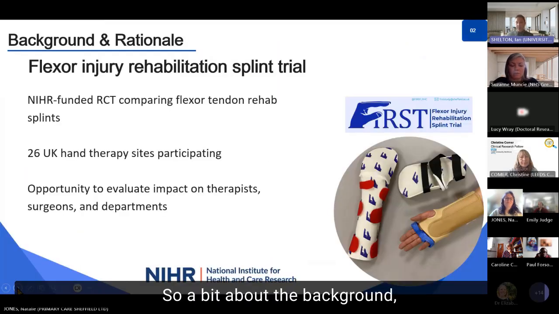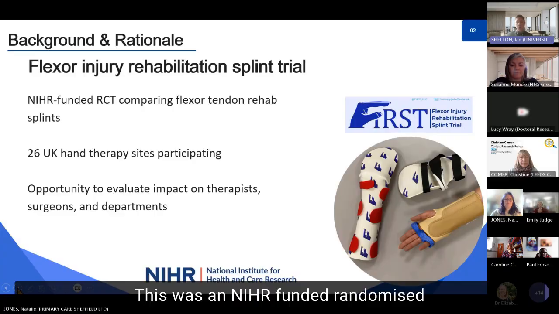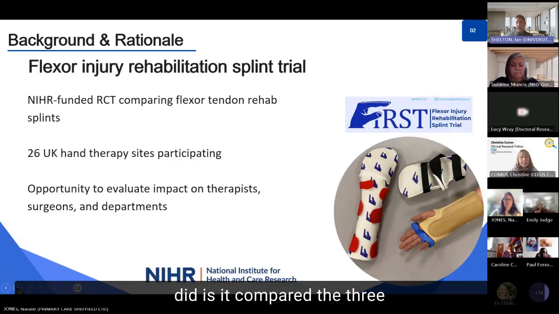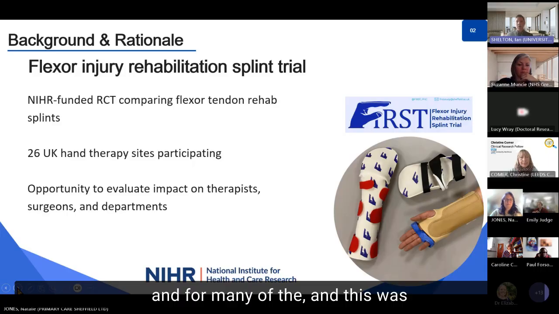So a bit about the background. The Flexor Injury Rehabilitation Splint Trial, or FIRST, was an NIHR funded randomized controlled trial, and what it did is it compared the 3 splints that we commonly use in flexor tendon rehabilitation. We did this over 26 hand therapy sites across the UK, and this was a therapy run trial as well, so the chief investigator really encouraged therapists to be involved with this.